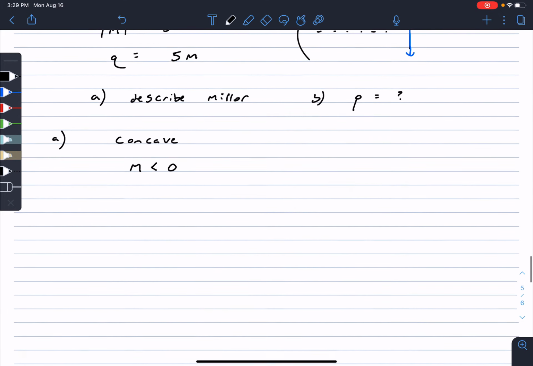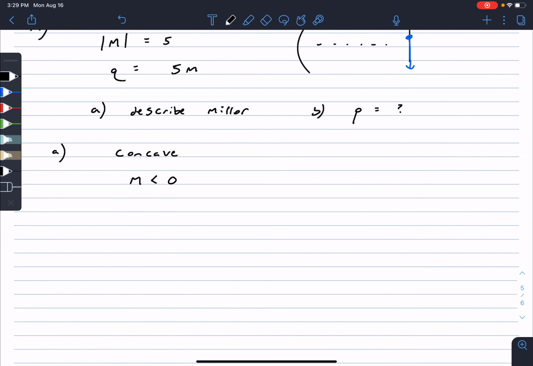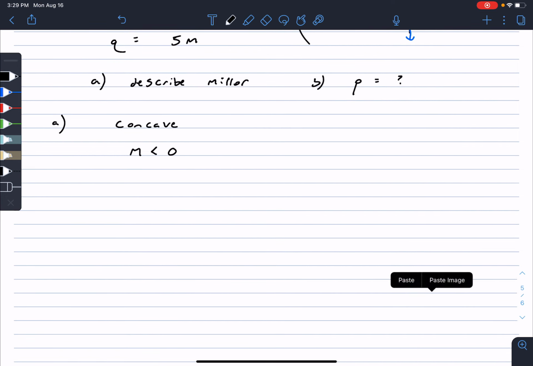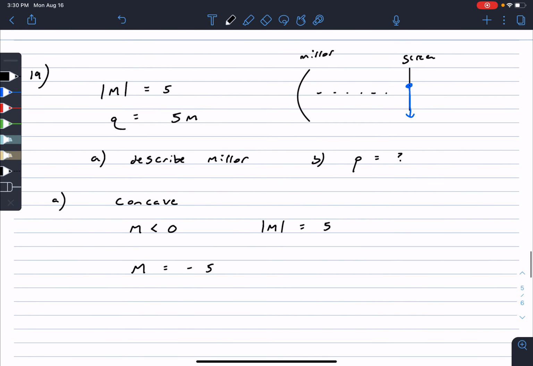And we were told that the magnitude of the magnification is 5. So that means that m is equal to negative 5. Then we're also told that the image distance from the mirror is 5 meters.